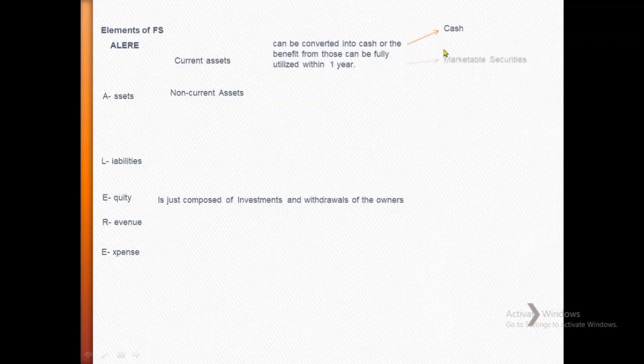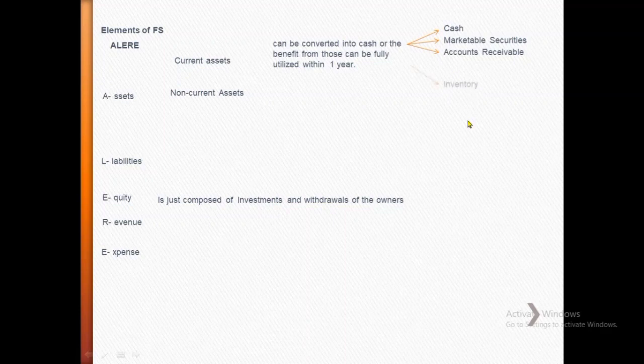We also have marketable securities, which are investments by the company that can easily be converted into cash. And we also have receivables, particularly accounts receivable from customers, which are recognized when you have already delivered the services or goods, but the customers did not yet pay.